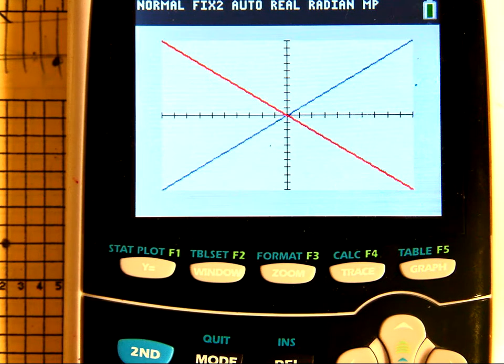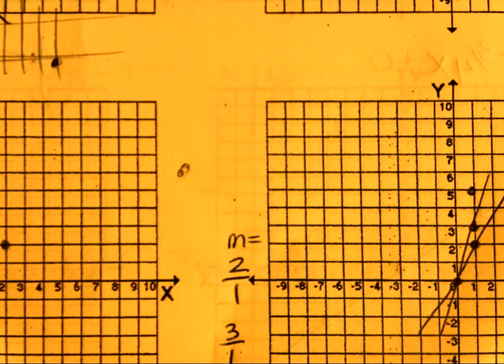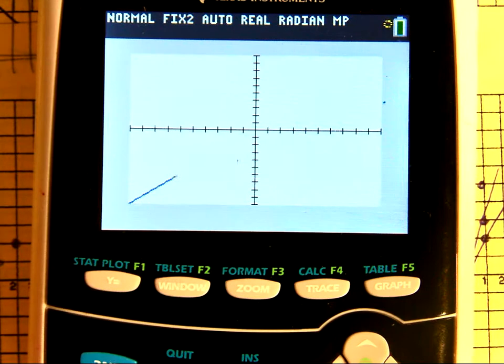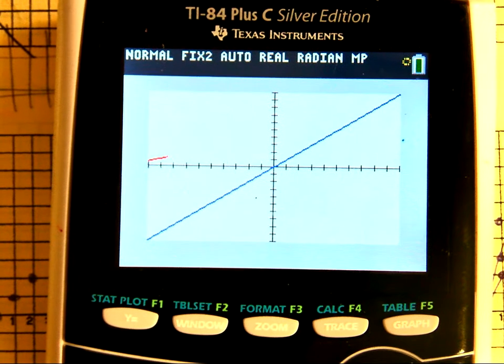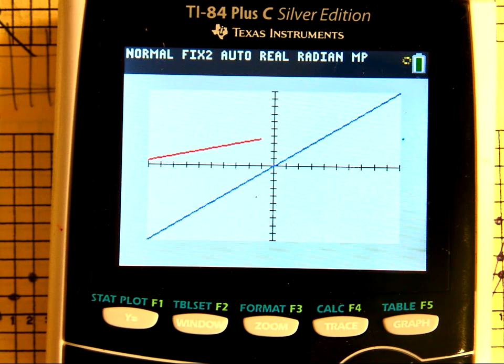Okay, so now I'm going to combine them all. Ready? I need you to try to match this. That's my original, my parent function. Right through that. So, what would you type in your calculator to match that line?